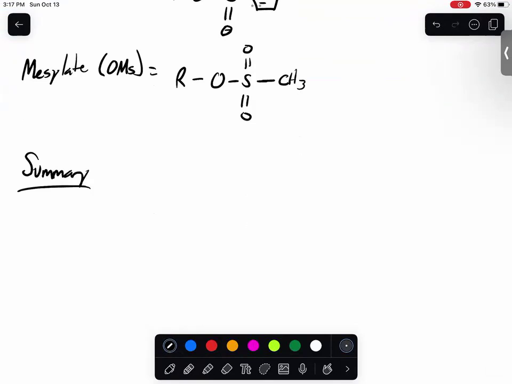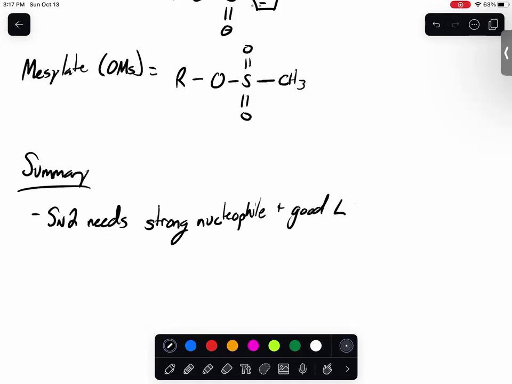The first one is SN2 needs both a strong nucleophile and a good leaving group, right? SN2 occurs faster with less sterics, right?